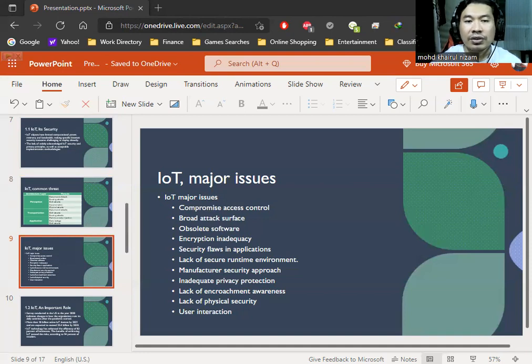Next, security flaws in application. Attackers may run their code through software bugs that were not anticipated by developers, allowing them to collect sensitive data or harm third parties. Next is lack of a secure runtime environment.